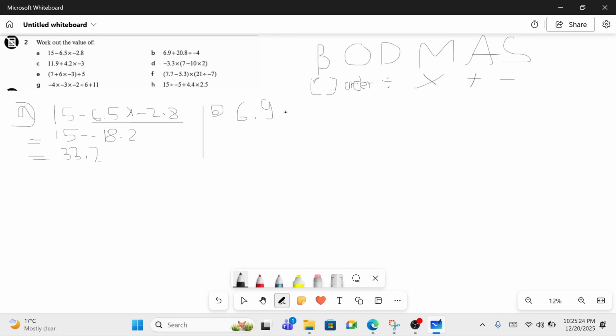6.9 plus 20.8 divided by minus 4. Now we have to work with this part first, not because of the minus, but because of division, because division is ahead of everyone else in this entire equation.